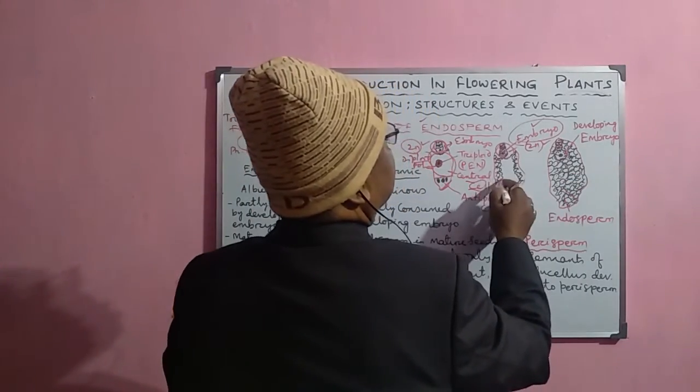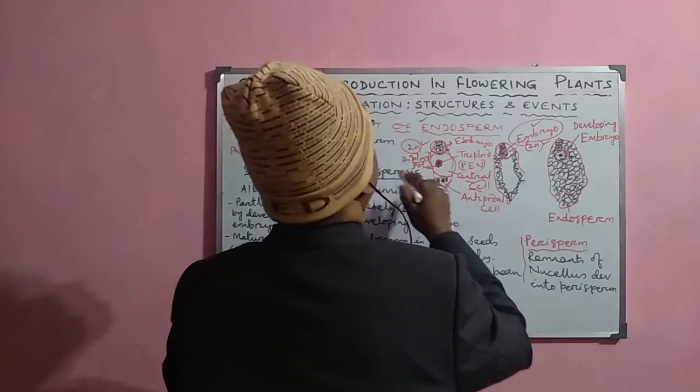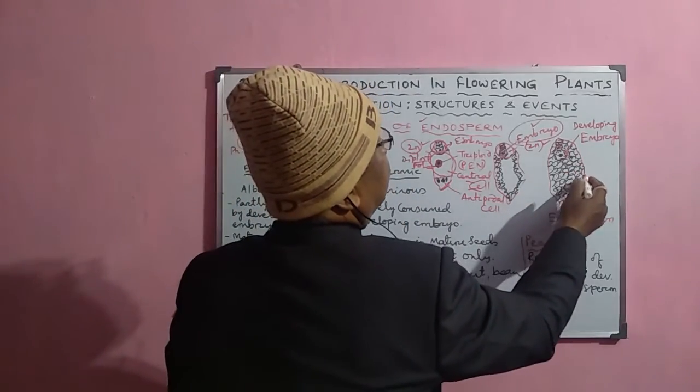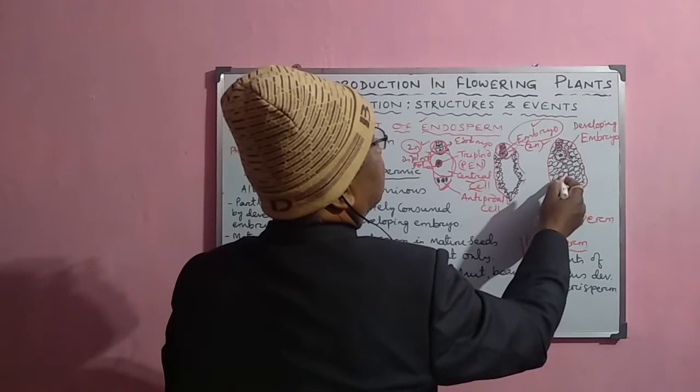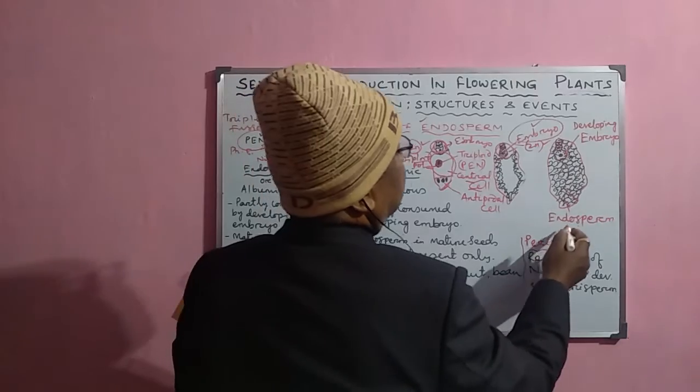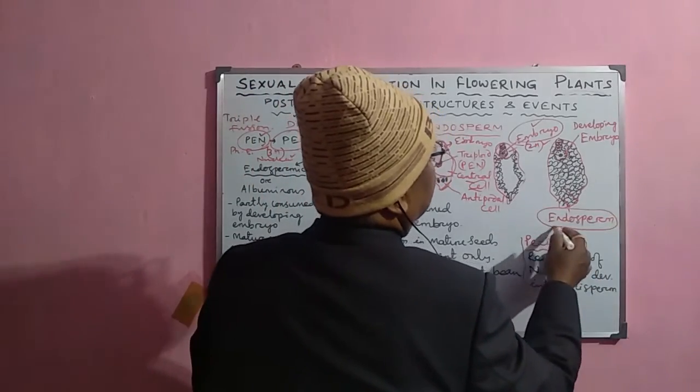And now these endosperm cells divide and redivide to fill up the entire cell and the nucellus layer, and this is called a complete endosperm.